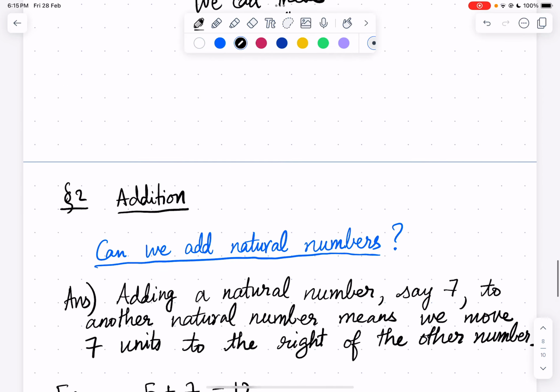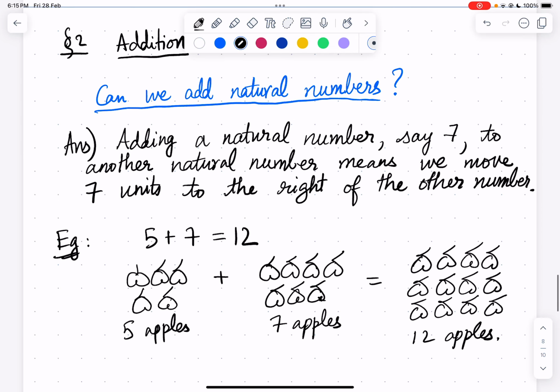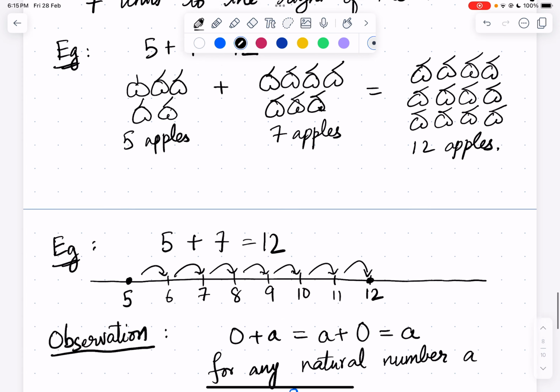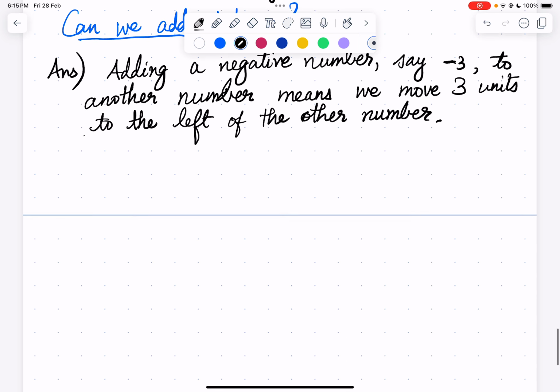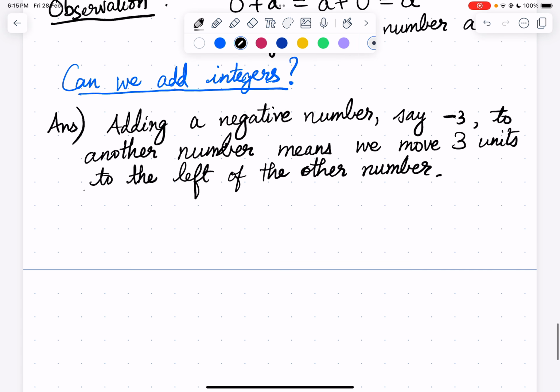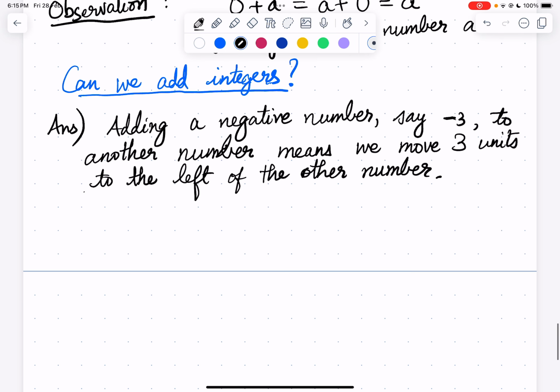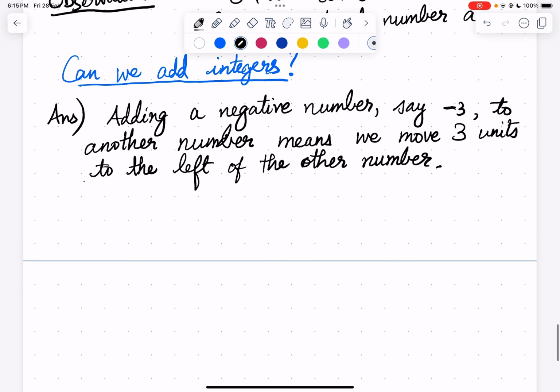So for example, adding 7 means moving 7 units to the right of the number. Adding minus 3 means moving 3 units to the left of the other number. So this is how we add integers. We can add any two integers.